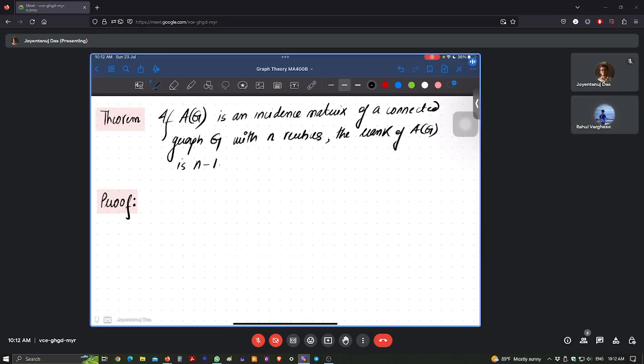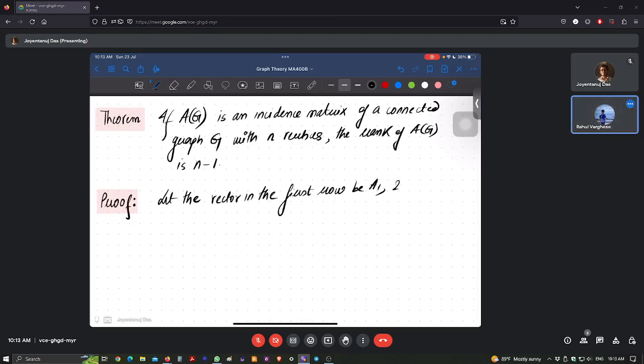Let us consider each row of an incidence matrix as a vector. Let the vector in the first row be A1, then the second row is A2, and so on.